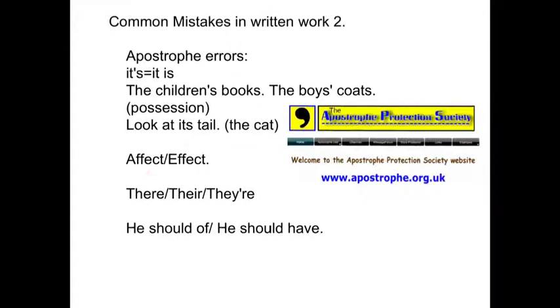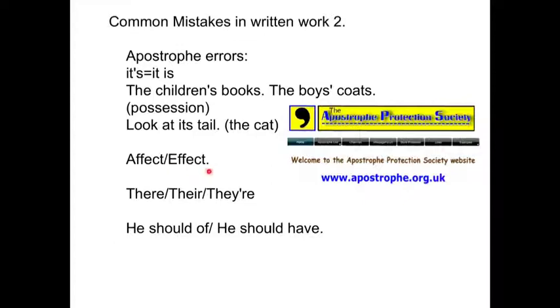Okay, I was very pleased a student came up to me the other day and asked me a question, and they didn't know the difference between affect and effect, because they sound so similar. It's a common mistake, and that's no problem really. Affect is a verb. I am affected by your love for me. Affected is a doing word.